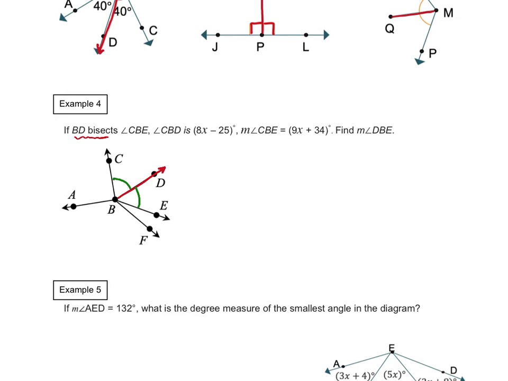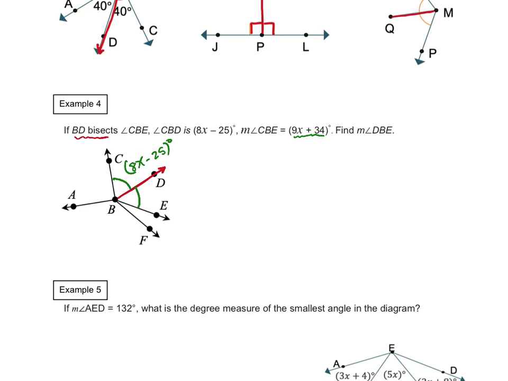And it tells me that CBD is going to be 8x minus 25 degrees. And it says that CBE is going to be 9x plus 34 degrees. Find DBE.